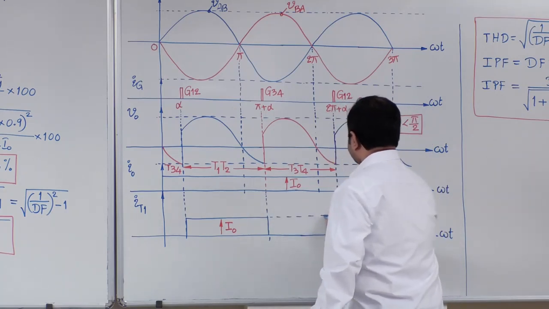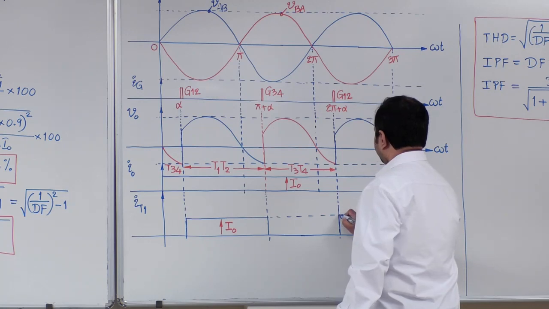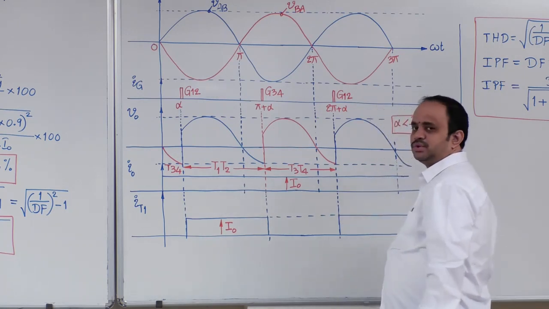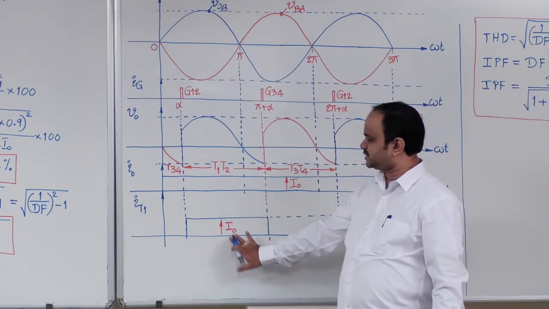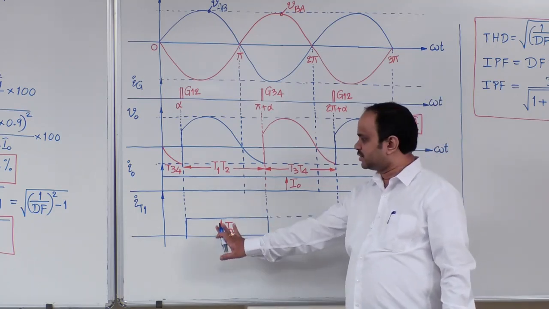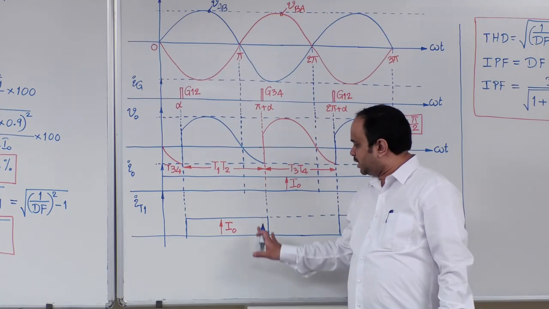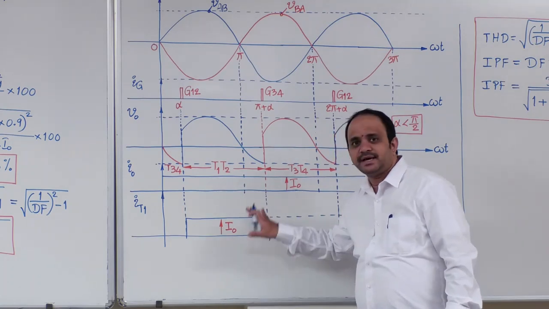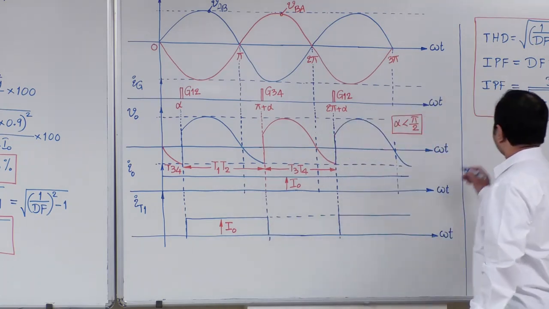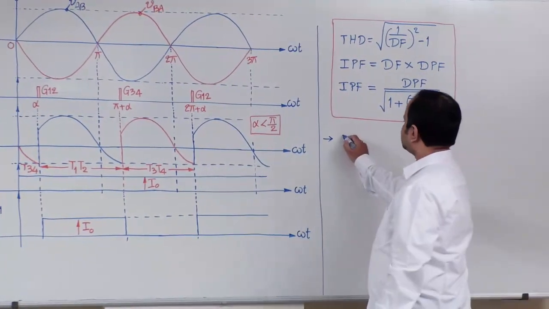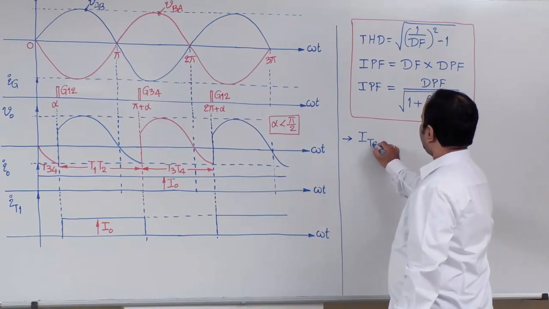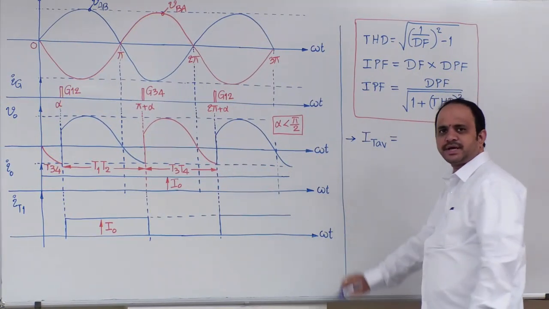Similarly, the same waveform will continue after 2 pi plus alpha. A simple waveform. With this, the waveforms are completed for this particular circuit. Now, based on this SCR current waveform, I would like to calculate two factors. One is the average value of thyristor current.